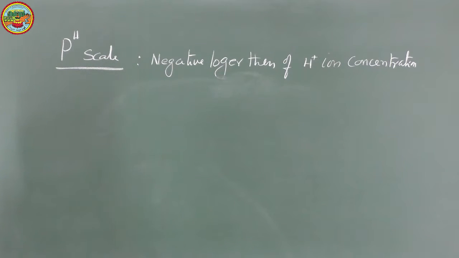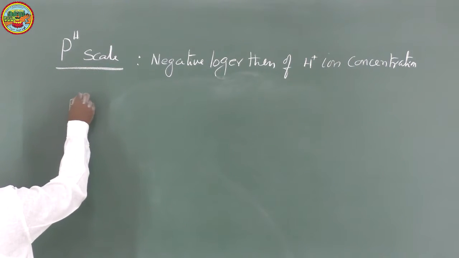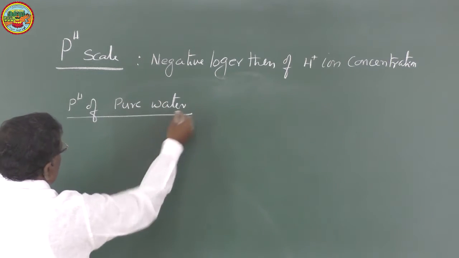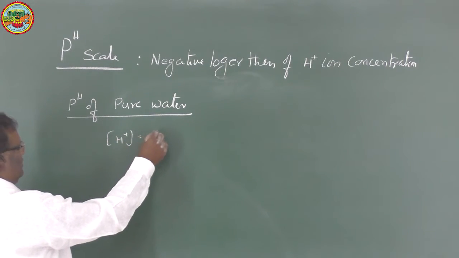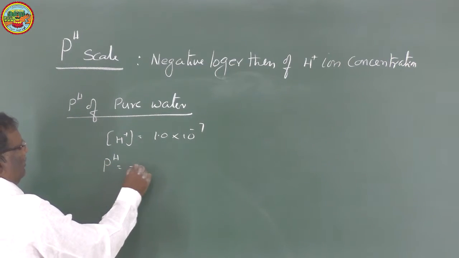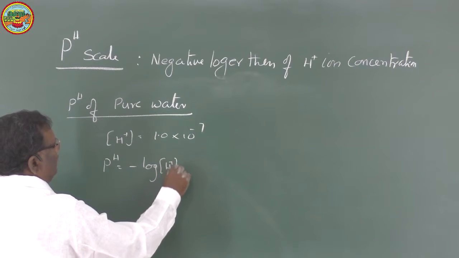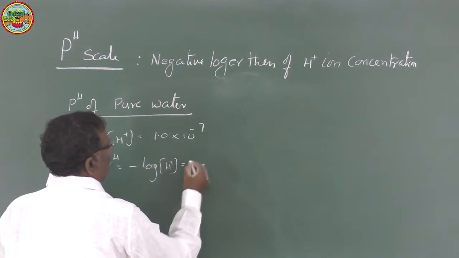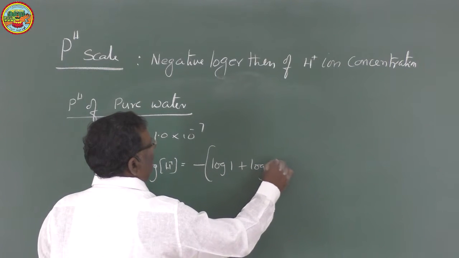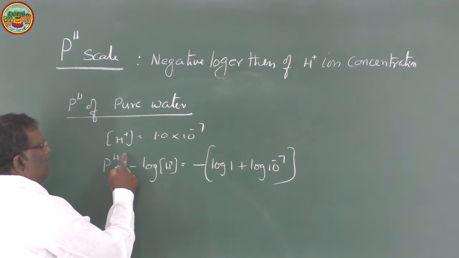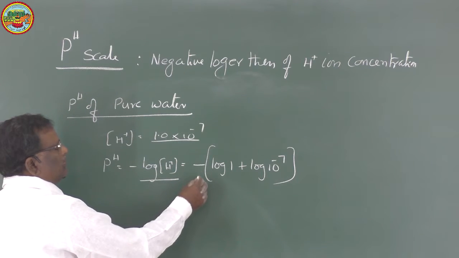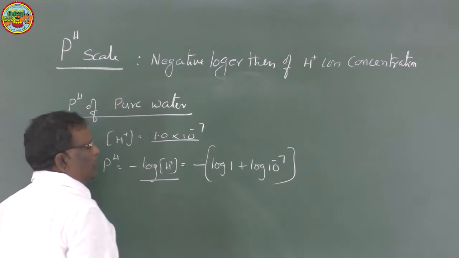Now let us calculate the pH of pure water. In pure water, the concentration of H plus ion is 1.0 into 10 to the power minus 7. pH is equal to minus log concentration of H plus, that is equal to minus of log 1 plus log 10 to the power minus 7.